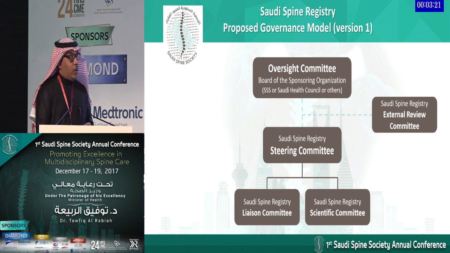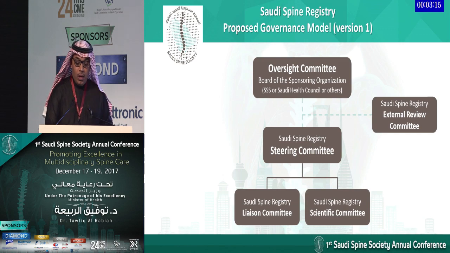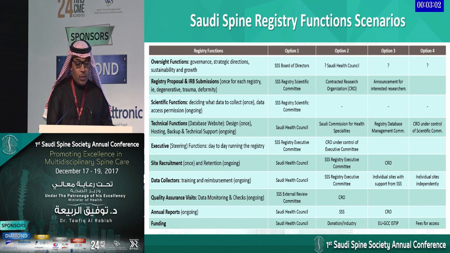So these are some of the preliminary model that we have. We thought that we need an oversight committee, a steering committee, a liaison committee and a scientific committee, without specifying names or just drawing the whole recommendation, and that will be shared with all members of the society and with the board of directors.